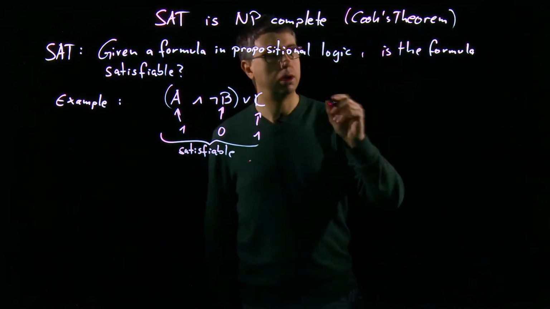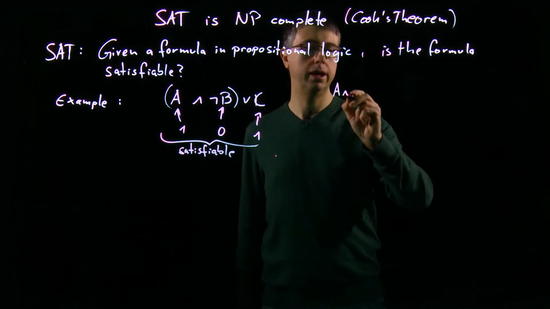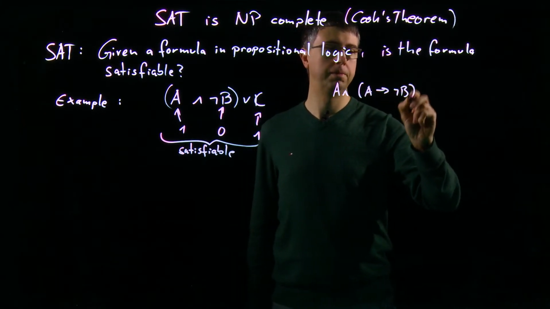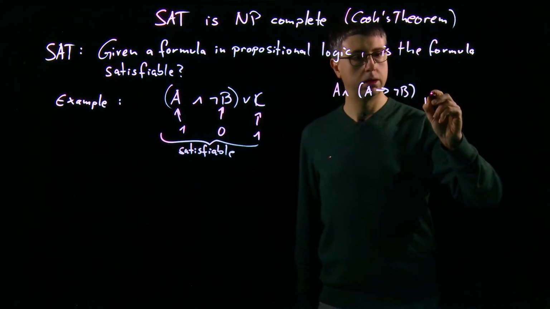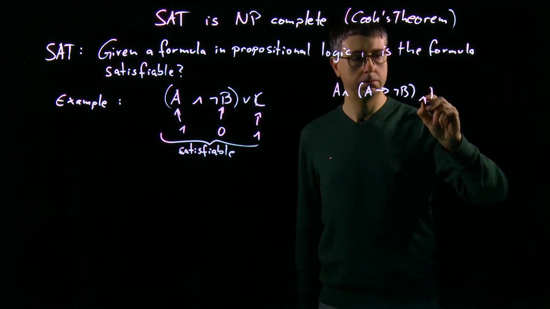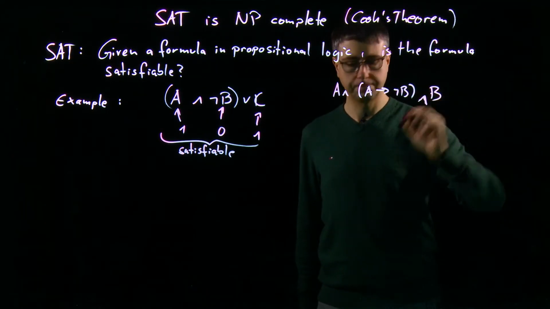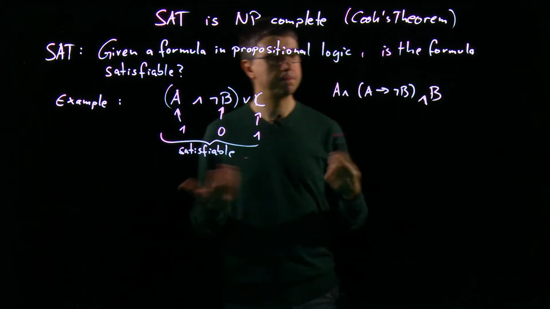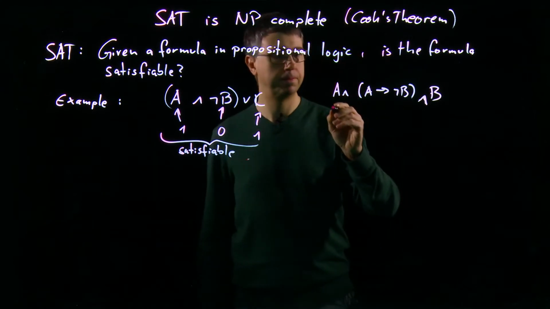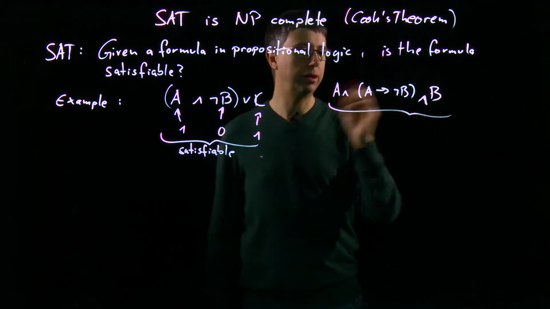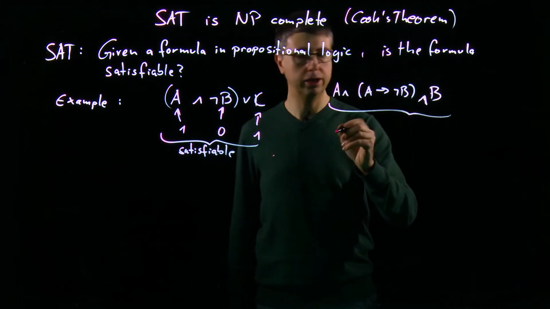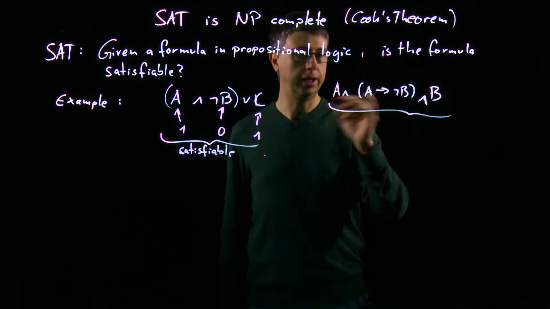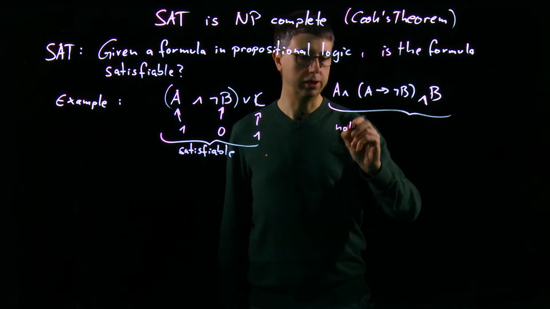Consider another formula like this one, A and A implies not B, and B, for example. This formula is not satisfiable. You can check all the possible combinations, and you won't be able to find a satisfying valuation of the A's and B's.